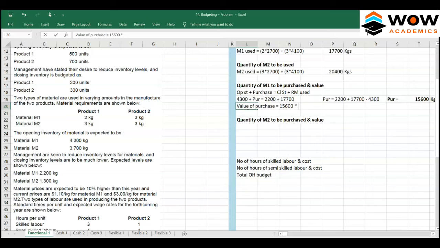into the price, which is currently 1.1. This 1.1 will be multiplied by, the price will go up by 10%, so we can put it as 110%. So we can get the value here.